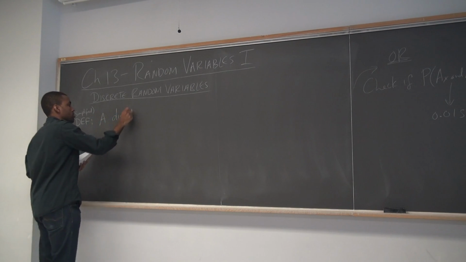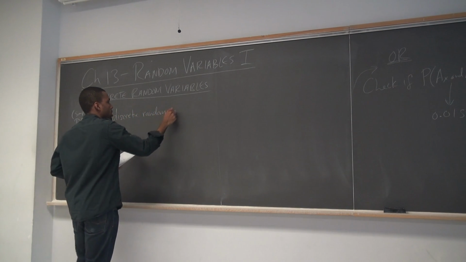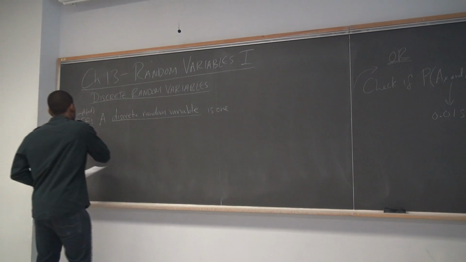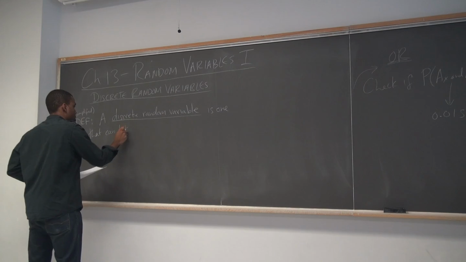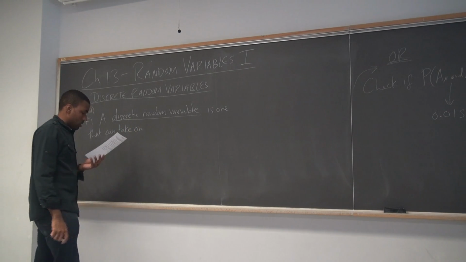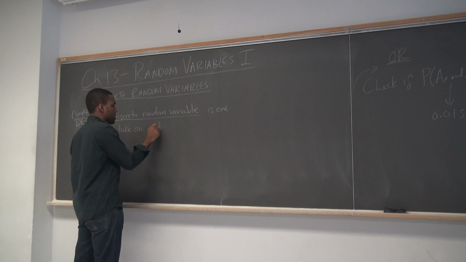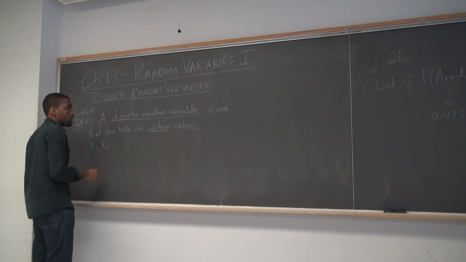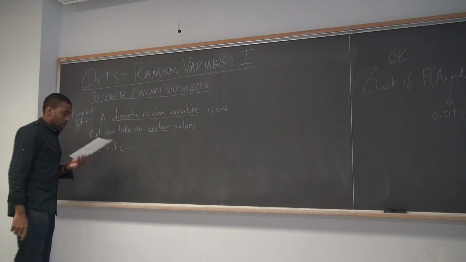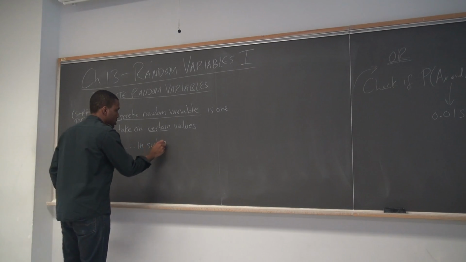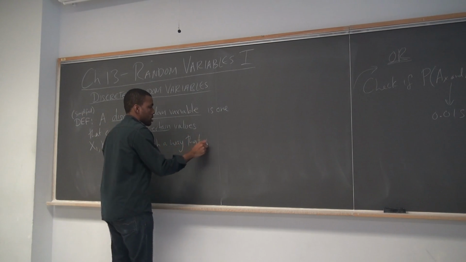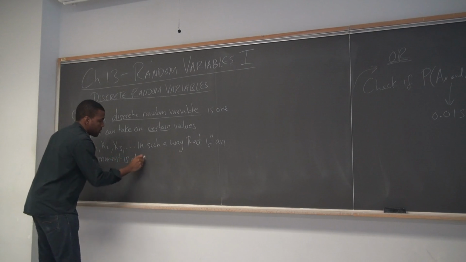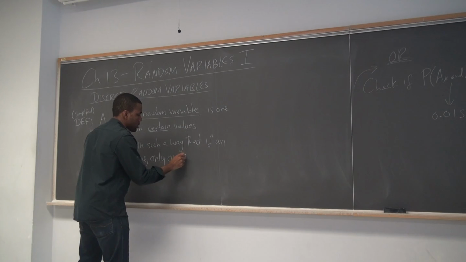A discrete random variable is one that can take on values in such a way that if an experiment is done, only one of these values occurs.